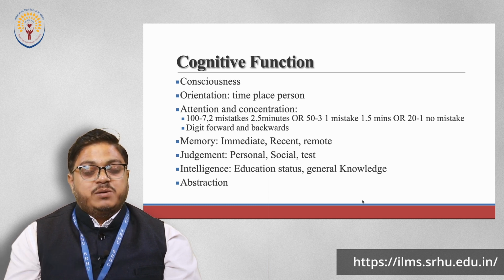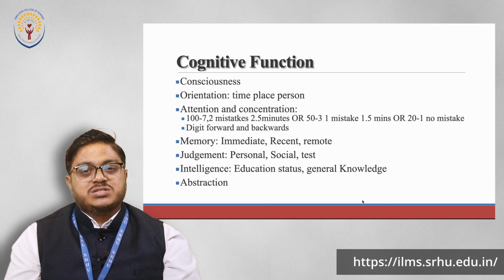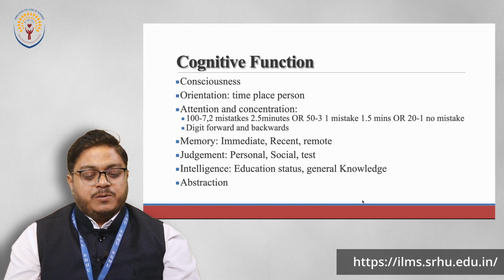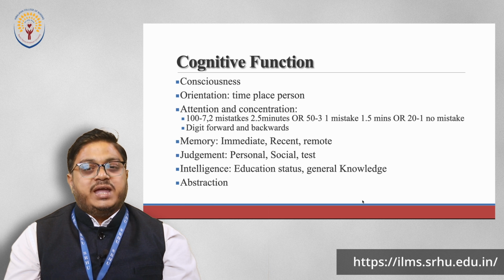If the judgment is impaired, the patient might try to end his or her own life because they do not have the judgment on how to deal with life failures. Lastly, there is intelligence. We check educational status and give simple general knowledge questions so that we can gauge the intelligence.